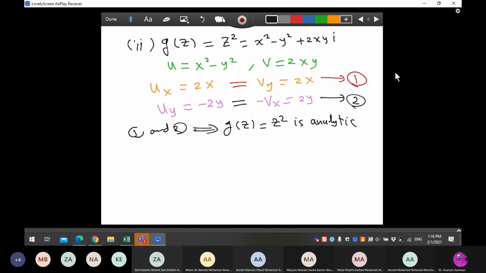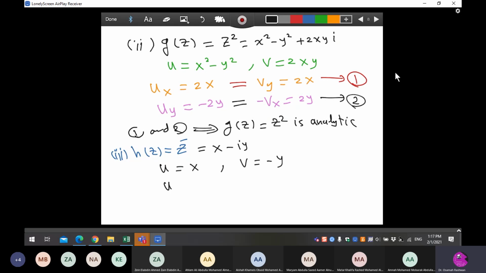Okay, let's go for the last one. What's our function? h of z equal to z bar. What is z bar? It is x minus iy. So what's your u? It is x. What's your v? Minus y.